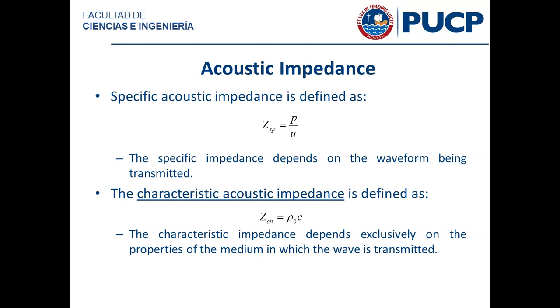In particular, the characteristic impedance of a medium is equal to rho naught, the equilibrium density, multiplied by c, the speed of sound. So there's that difference: the specific impedance depends on the wave that you're dealing with, while the characteristic impedance only depends on the properties of the medium. Any questions up to this point?